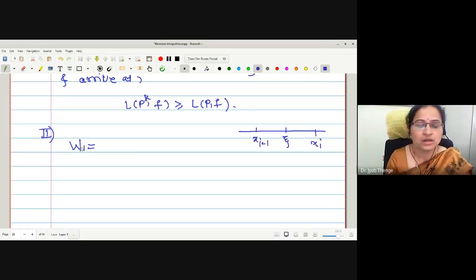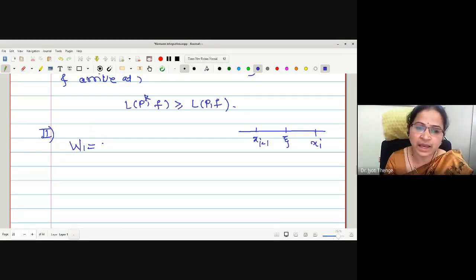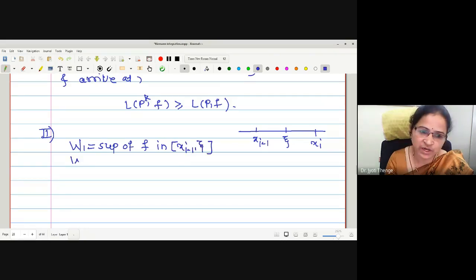Small w1 is the symbol we have used for infimas. Capital W1 is the symbol we will use for suprema of F in xi minus 1 to zeta. Capital W2 we will use for suprema of F in zeta to xi.